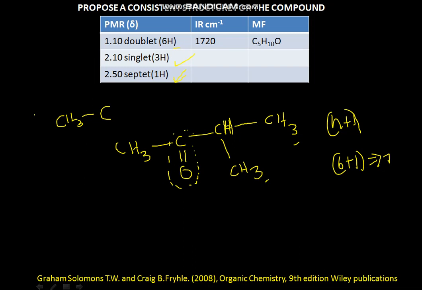That is why it shows its resonance at 2.10 delta value on the ppm scale. So this is the structure of the molecule for the given data. Thank you very much.